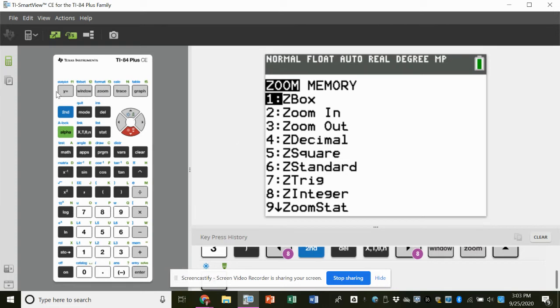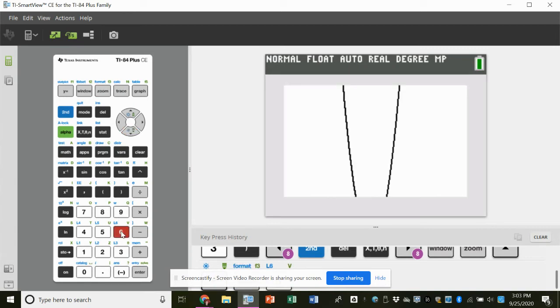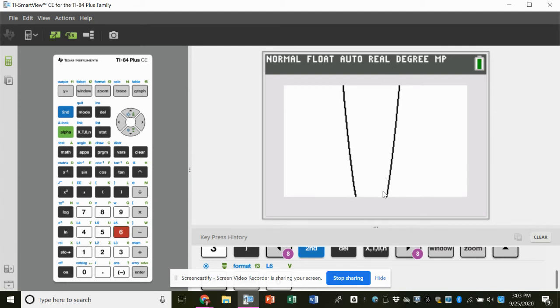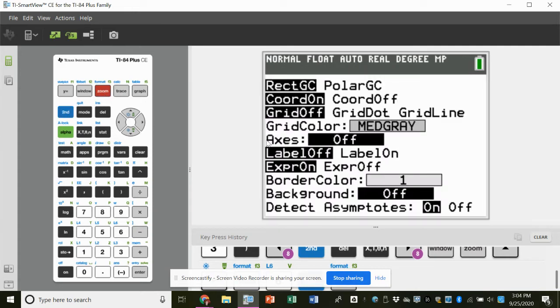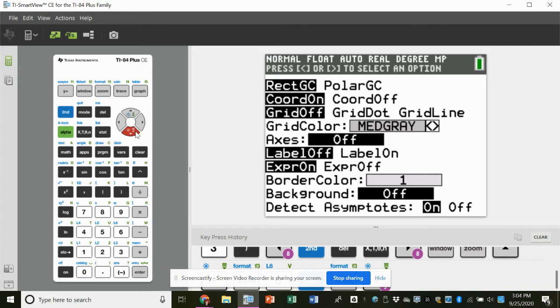So given the equation that we have, let's just go with zoom 6 for standard. And notice that we can't see the entire parabola. Notice that another thing is that we're not really seeing the axes. So one thing we can do is go to zoom format and make sure our axes are on. Right now my axes are off. So I can turn those on into a color, looking personally for gray.